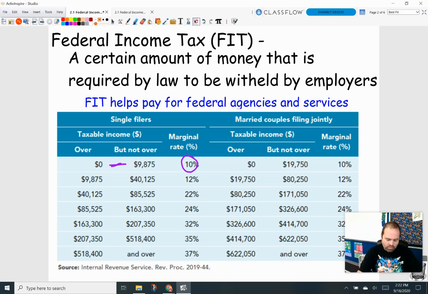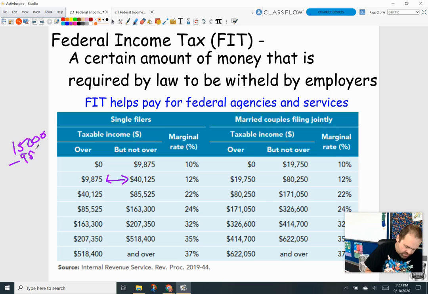salary winds up being more than that, like let's suppose I make $15,000. Well, the first $9,875, they're going to tax at 10%. But my $15,000 winds up falling in between the bottom and the top point on the second tier. So the difference between my $15,000 and my $9,875, that dollar amount is how much falls into that bracket.